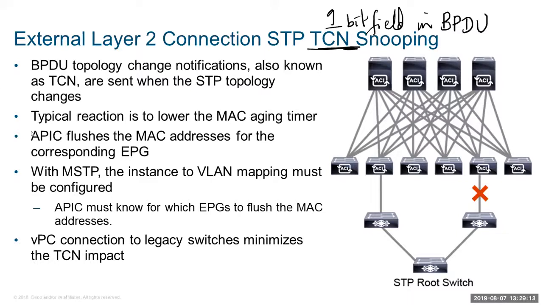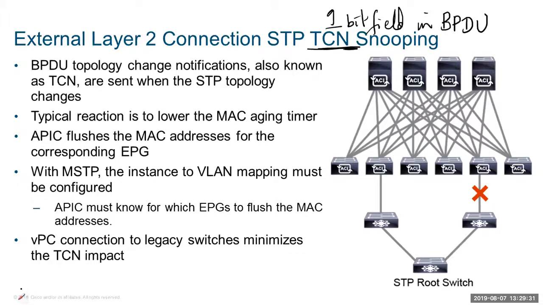Now, in there, it shows you the typical reaction of Ethernet is to lower the MAC address aging timer. But what do APIC switches do? APIC flushes the MAC addresses for that particular EPG.